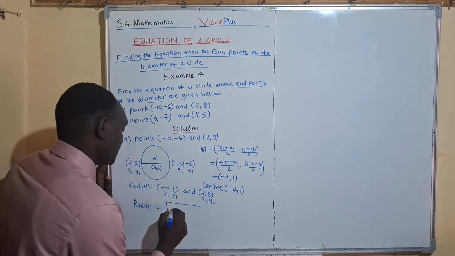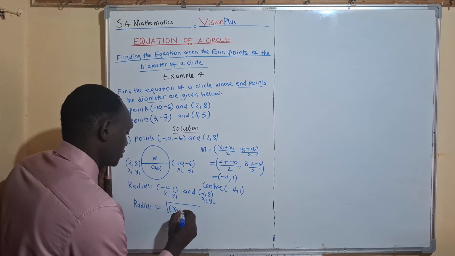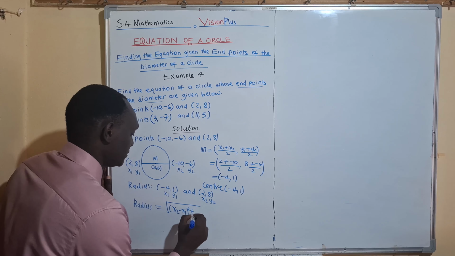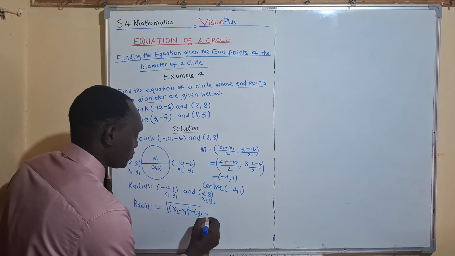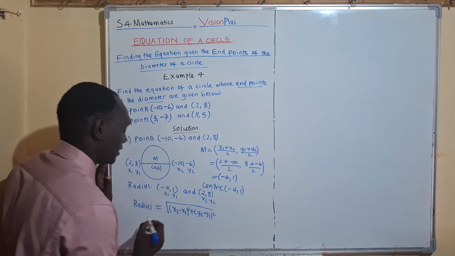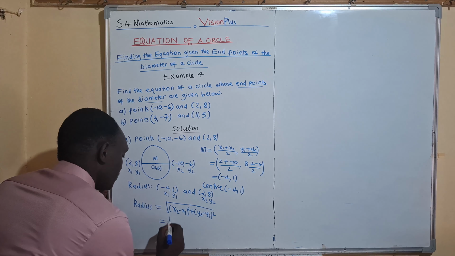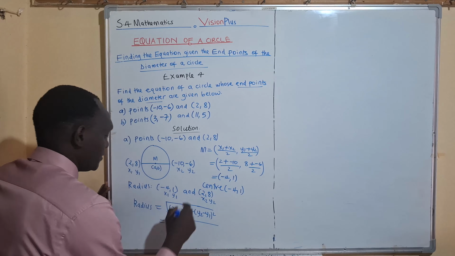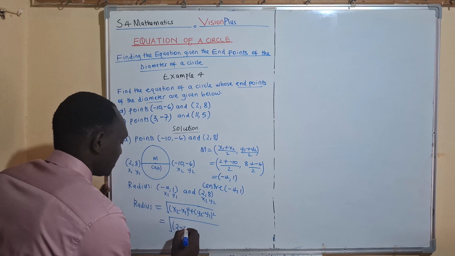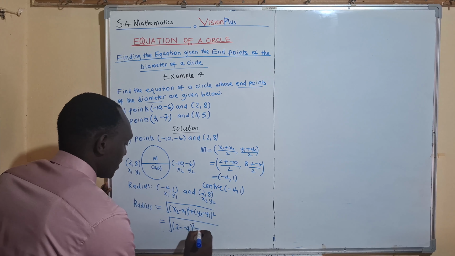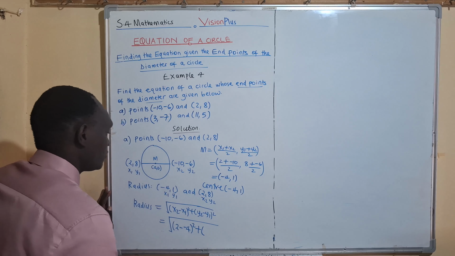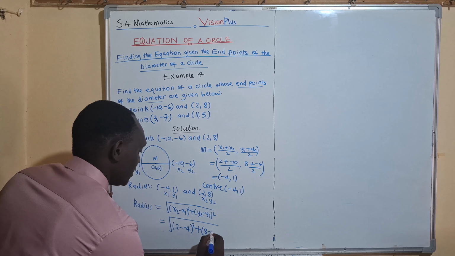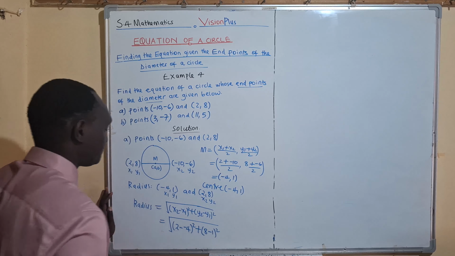The formula is given by the square root of (x2 minus x1) squared plus (y2 minus y1) squared. Then we substitute for x2, x1 and the rest. x2 is 2 minus x1 which is -4, squared, plus y2 is 8 minus y1, which is 1, squared.